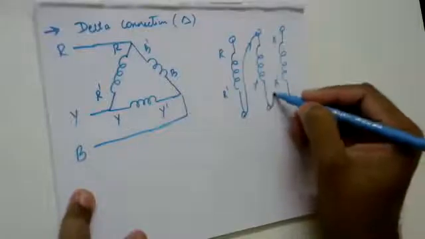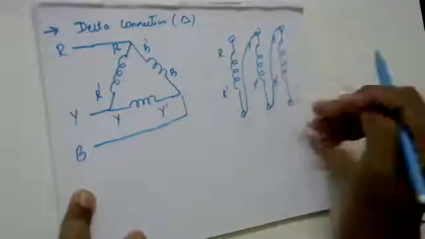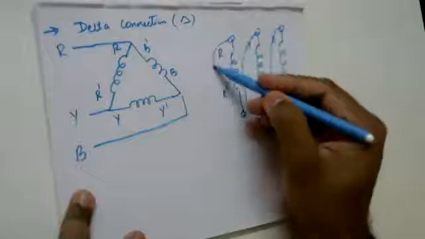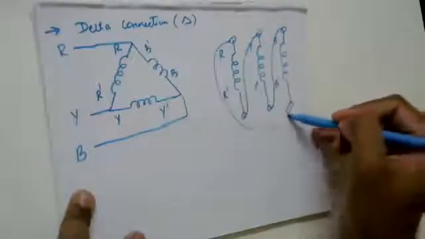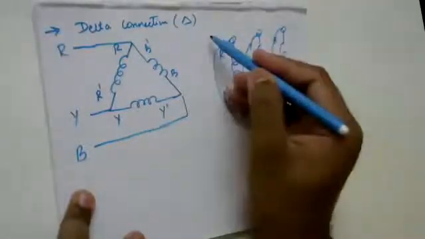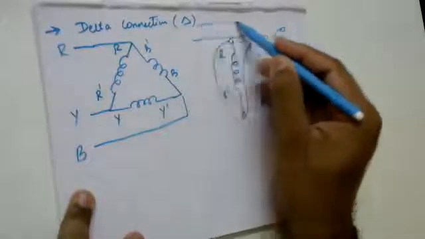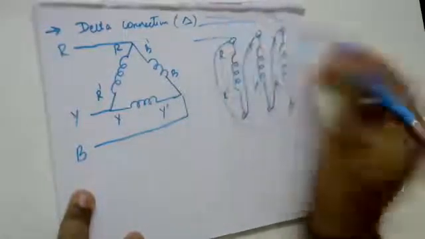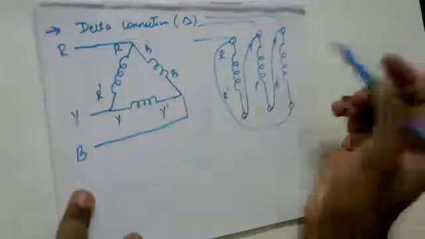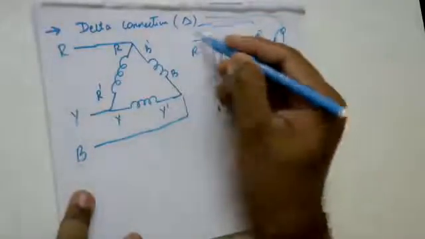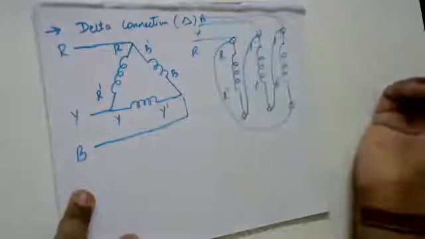Again, this end terminal is connected to the beginning terminal. This end terminal is connected to the beginning terminal. Then you'll be able to get your R, Y, and B.